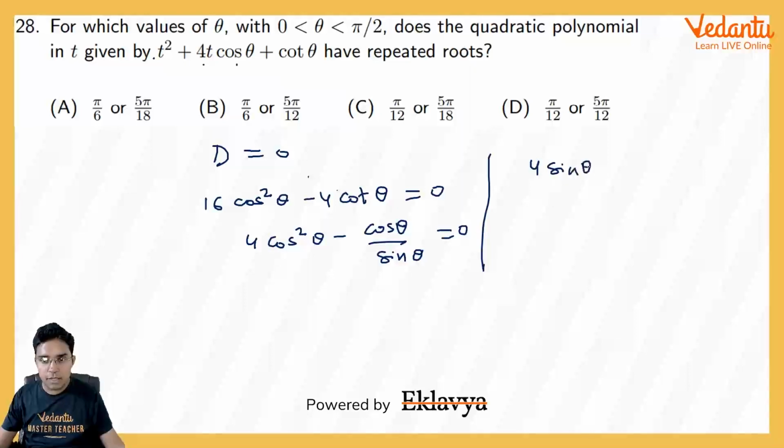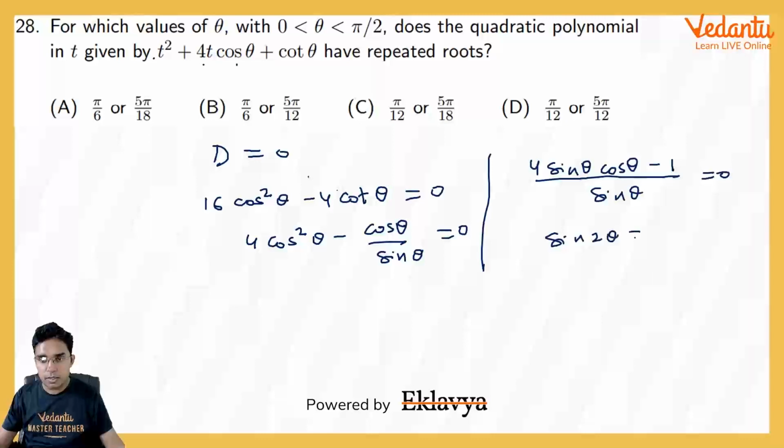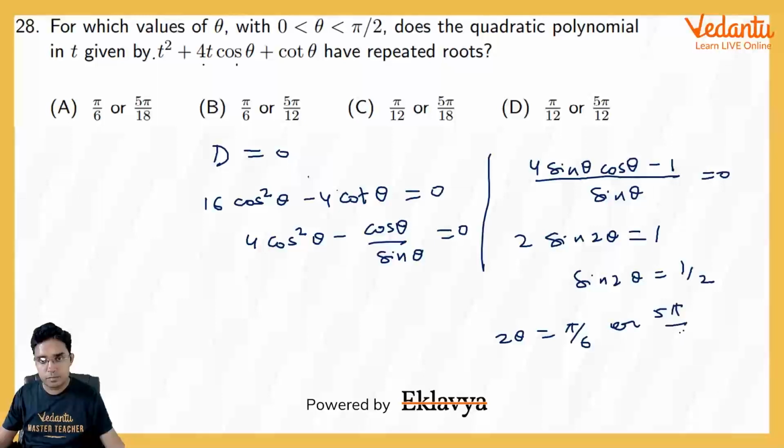I can take sin theta as LCM. So 4 sin theta cos theta minus 1 upon sin theta is equal to 0. So this gives us 2 sin 2 theta is equal to 1, so sin 2 theta is equal to 1 by 2. So my 2 theta will be either pi by 6 or 5 pi by 6. Theta is between 0 to pi by 2, so 2 theta can take both the values.